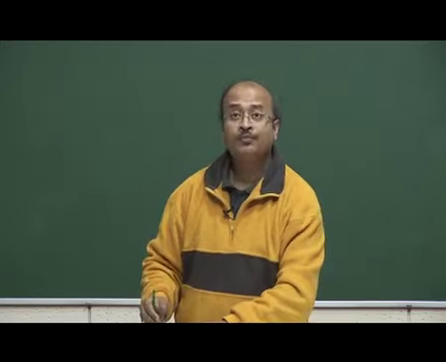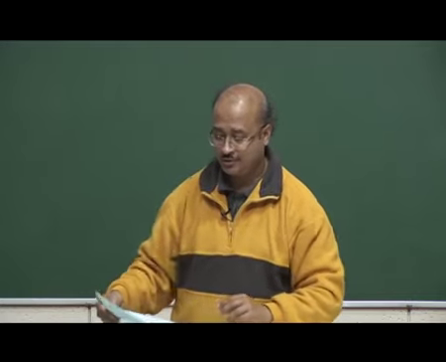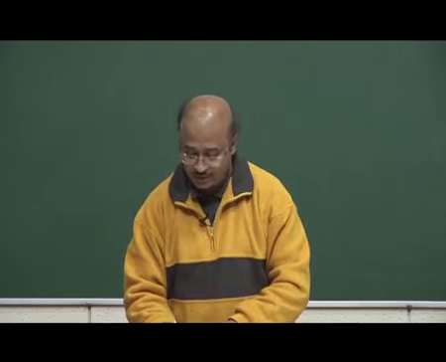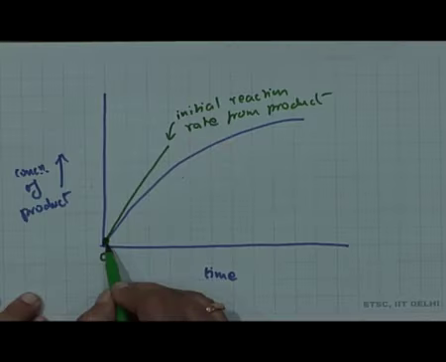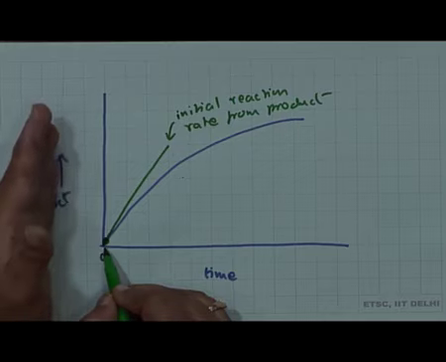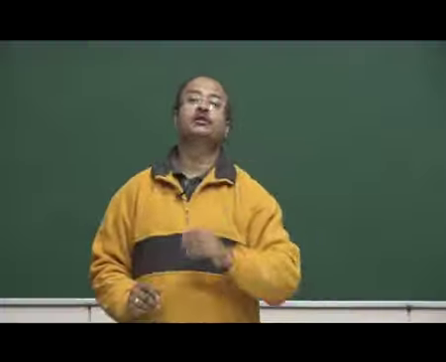On the other hand, think about the product appearance. Look at this product appearance. Starting at T0, which is my initial point, even before the reaction has started, on the y axis we have the concentration of products, and I have no product at all.